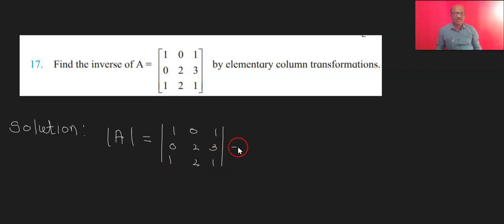Now the determinant is 1 into, deleting the corresponding row and column, 2 into 1 minus 3 into 2, that is 2 minus 6.